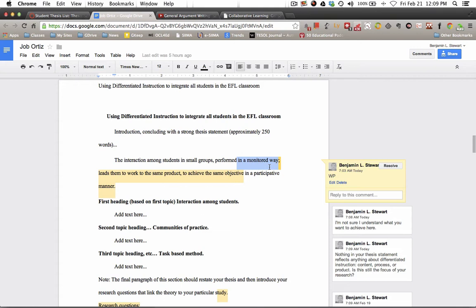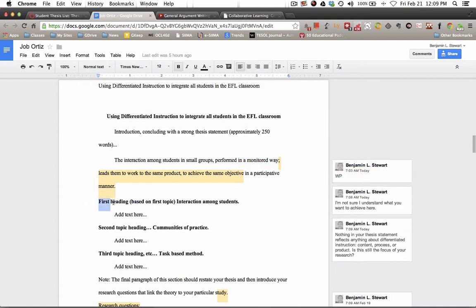So this is quite different. Can you talk a little bit about the theory, some ideas that you want to include in your research? The first section, regarding the interaction among students, belongs to the activity theory of Engeström.